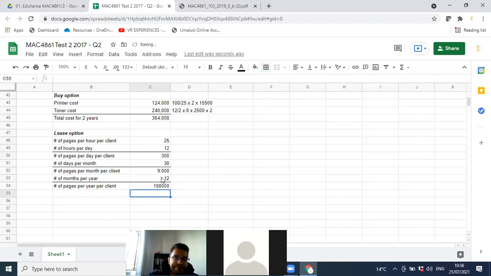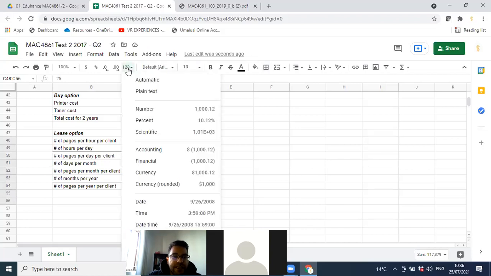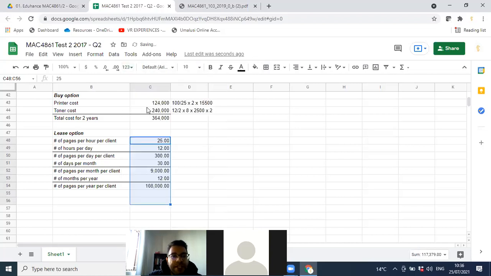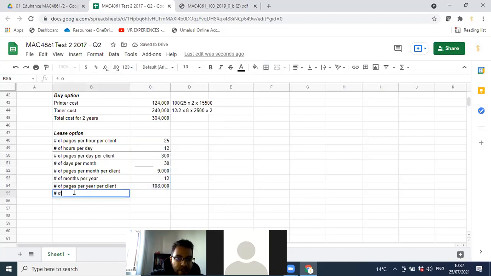But now remember, each client will be using a desk, and we know there's 100 desks. But we know 100 desks is not going to be occupied. So therefore, we just use number of desks is going to be 70. We don't use the 100. Why can't we use the 100? Because not 100 desks will be occupied.